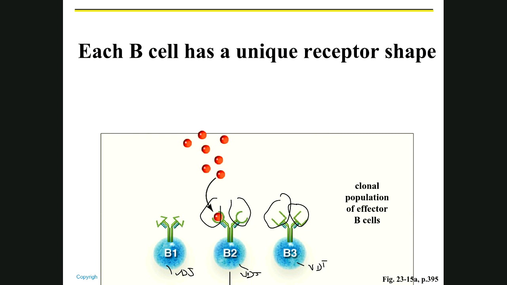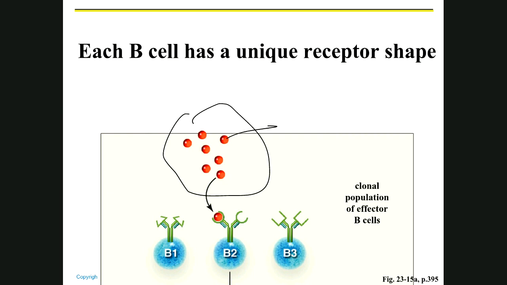And this surface receptor is what interacts with the antigen. So there's the antigen. Well, look at this antigen. Does it look like that would fit with B cell 1? Do those shapes match? They don't. What about B cell 3?